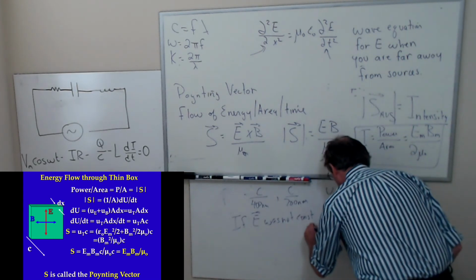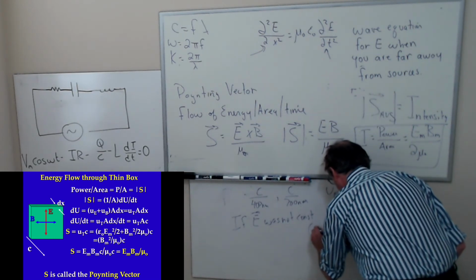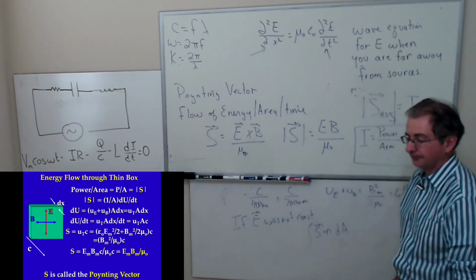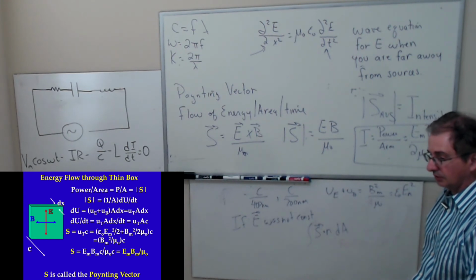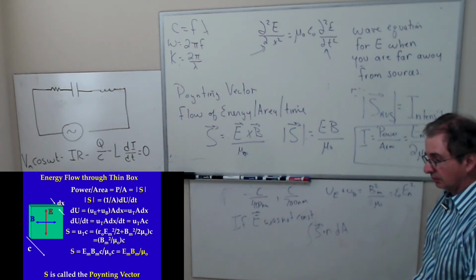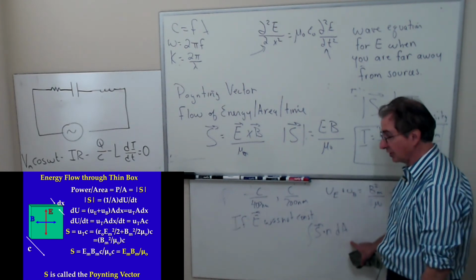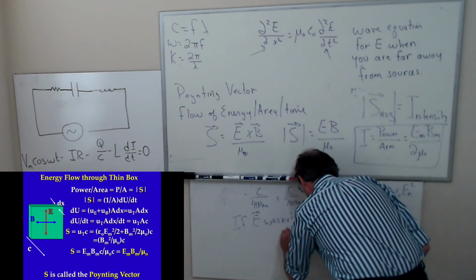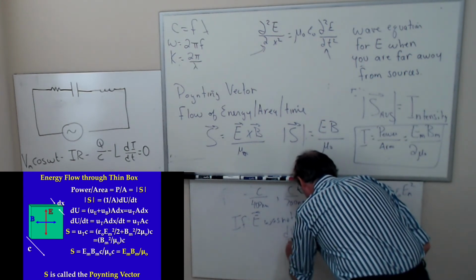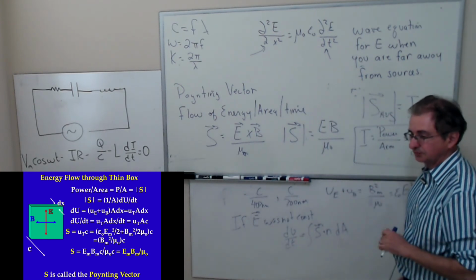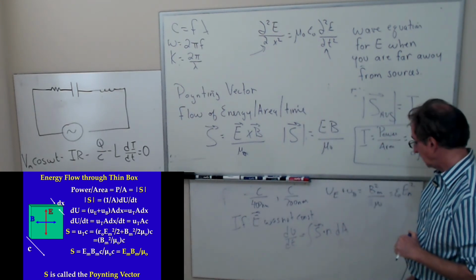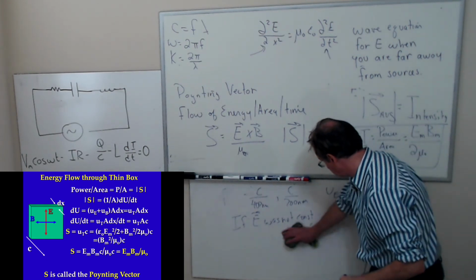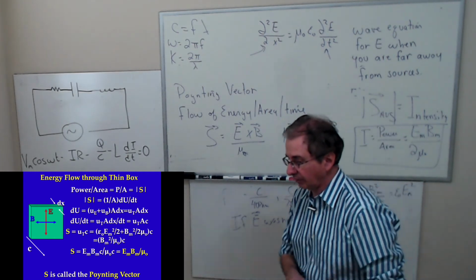And my total energy then would be the integral of S dot n dA. And that would give me the rate at which energy is going through the surface. I'd have to change my A to a dA, then integrate S over the area. Okay.